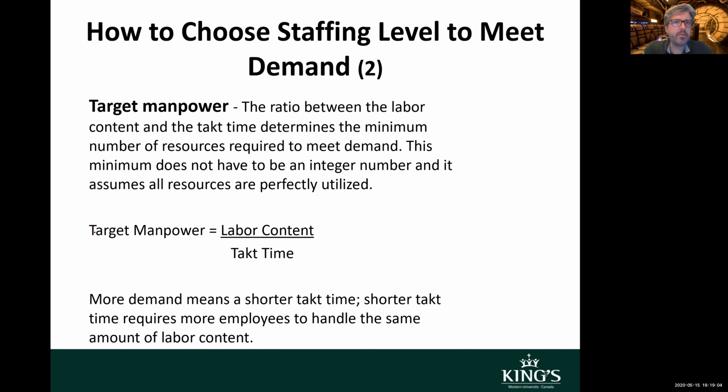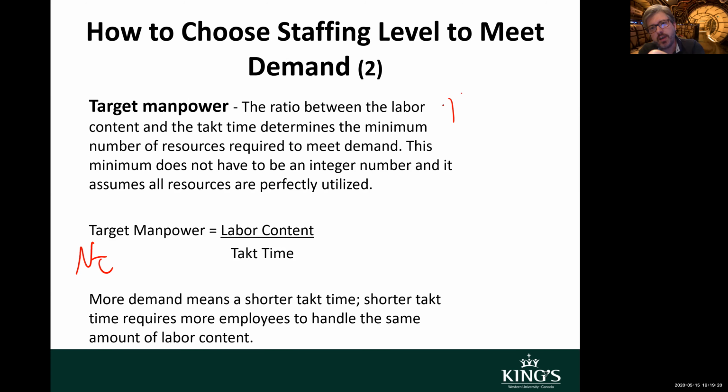So let's think about how to choose the staffing level to meet our demand. We will need to talk about target manpower, or what other operations books call the theoretical minimum. They call it NT.